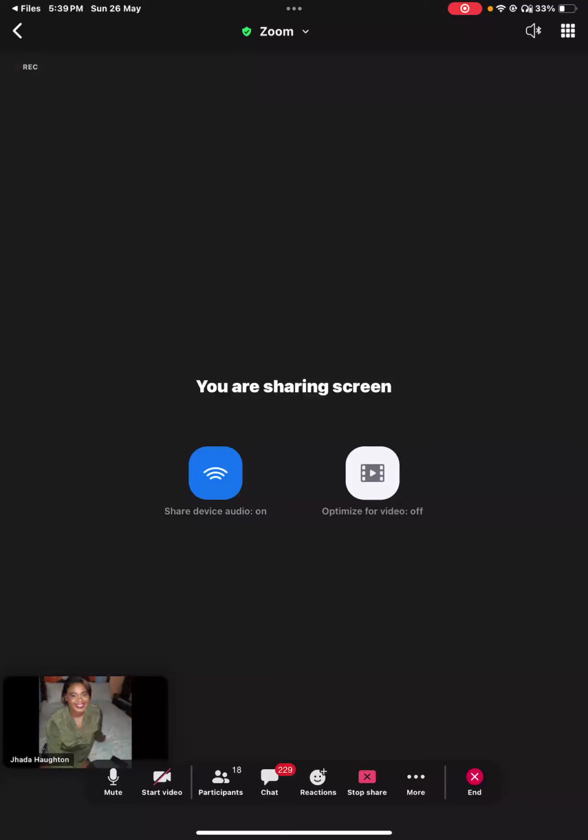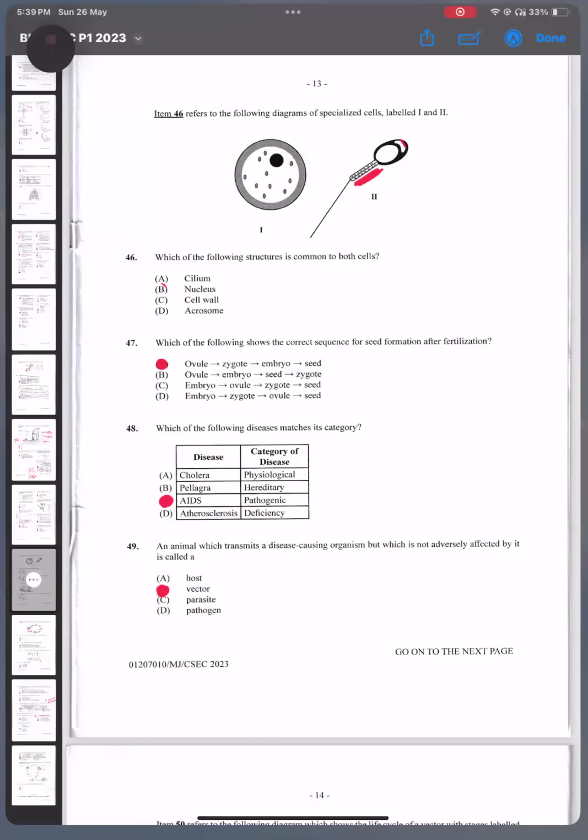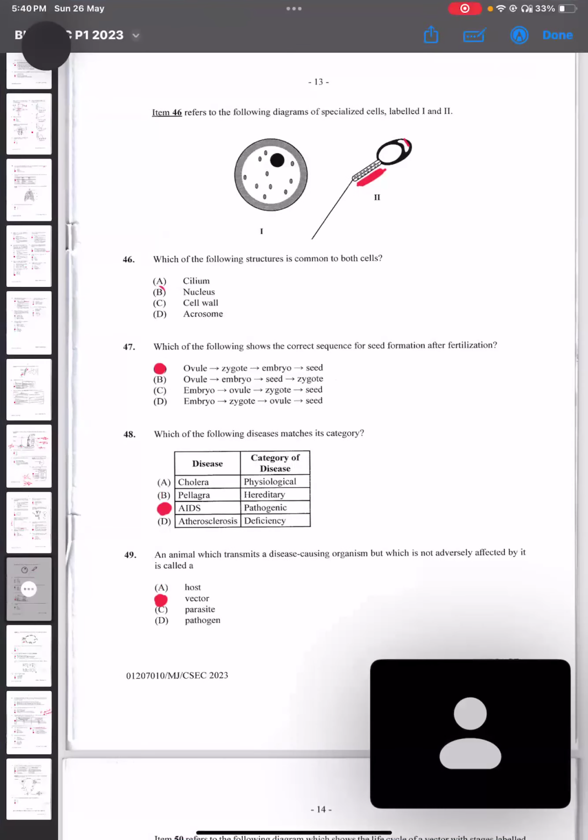All right, so we are back. Just to go back to question 47, our answer would be A, because the ovule is the egg, so it has to start with the egg.